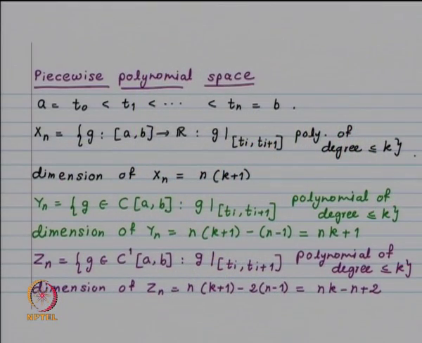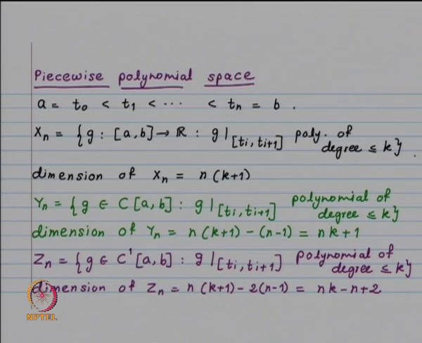So, as I said, our interval [a, b] is going to be divided into n equal parts, and then you consider X_n to be the set of all g defined on interval [a, b], such that the restriction of g to interval [t_i, t_{i+1}] is a polynomial of degree less than or equal to k.